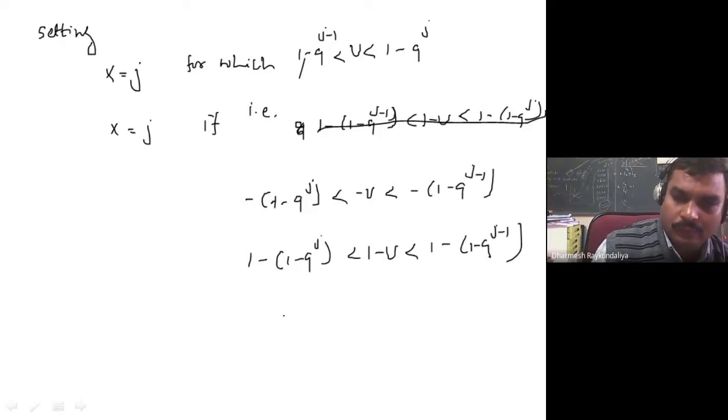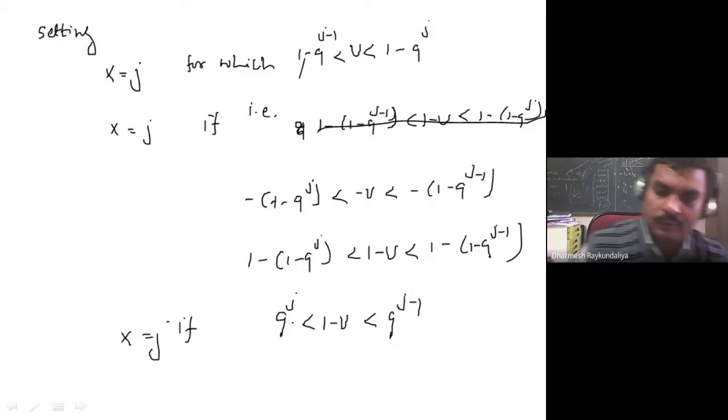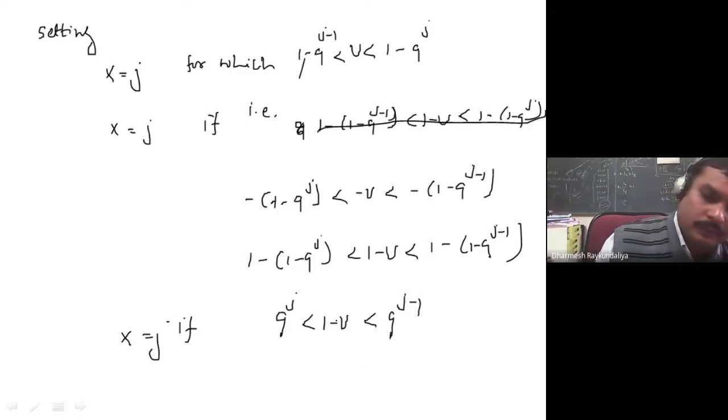So now this is q raised to j less than 1 minus u less than q raised to j minus 1. That means set x equal to j if 1 minus u lies between q raised to j and q raised to j minus 1.